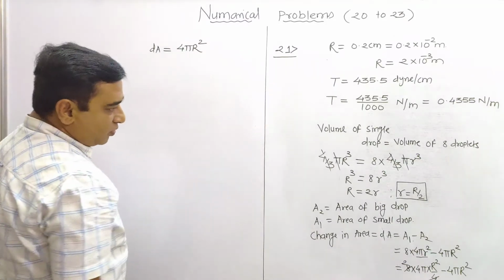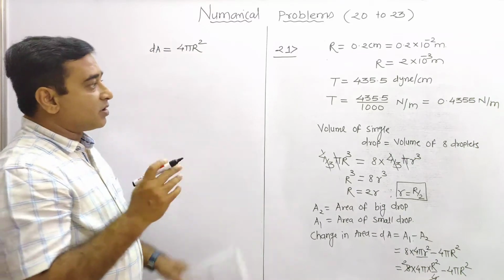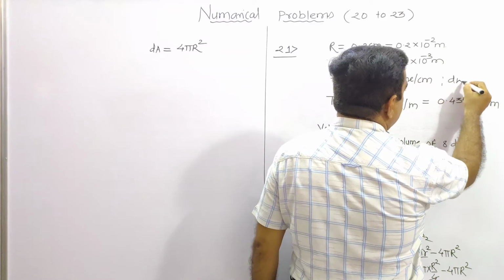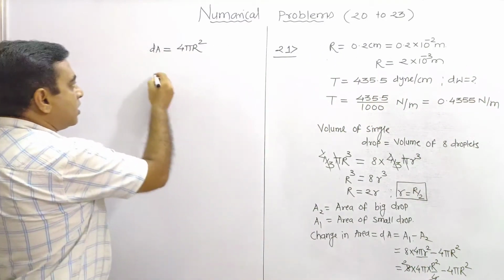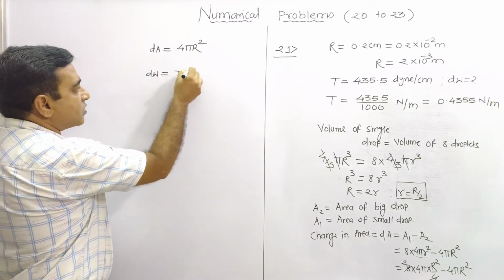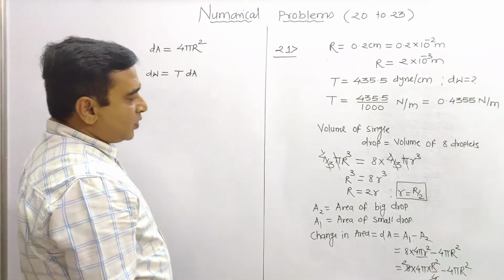T we already know. So we need to get the work done. Work done is the question mark. So work done, dW, we know the relation between surface energy and surface tension: T into dA.